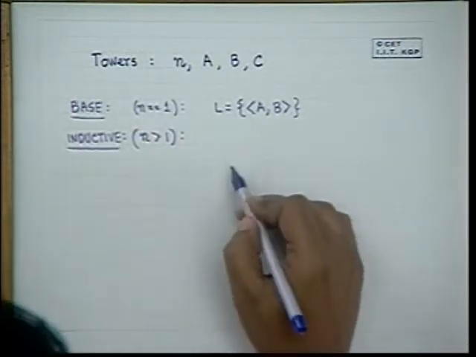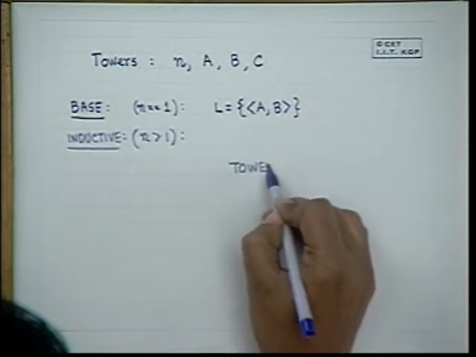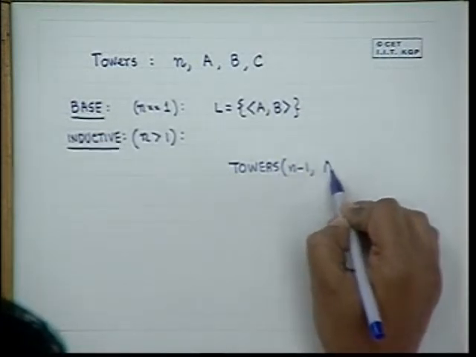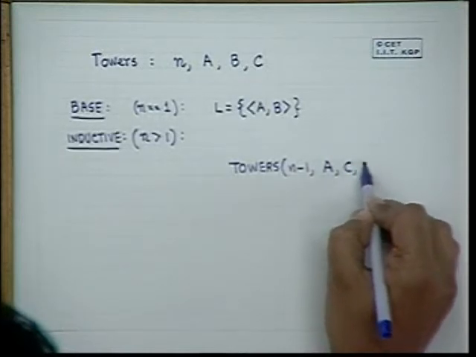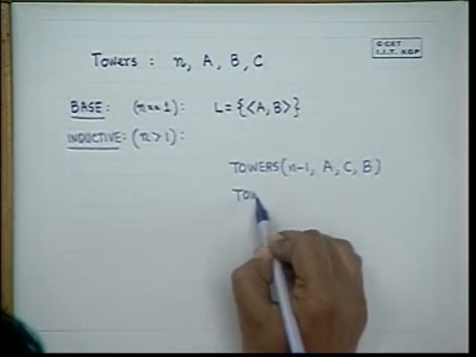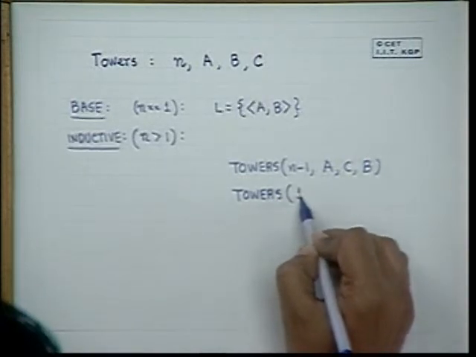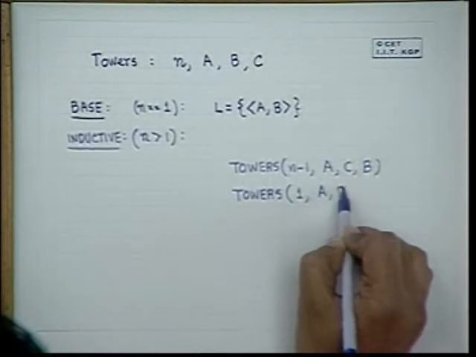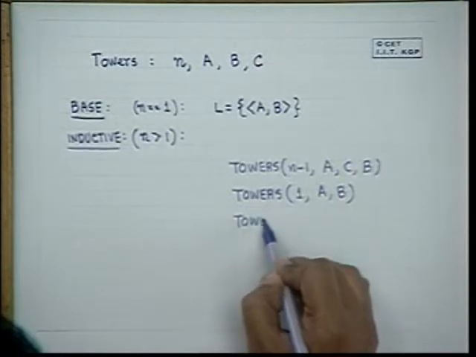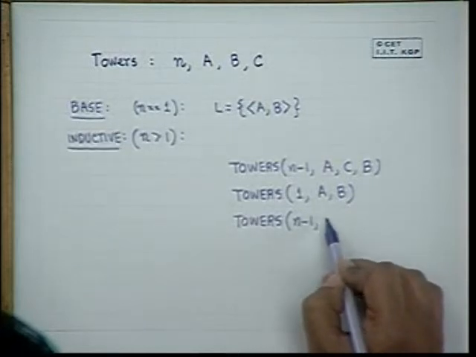And what are our subproblems? Our subproblems were towers n minus 1, A to C using B, towers 1 from A to B. I hope you try and imagine the diagram mentally, because slowly we will have to get used to it.